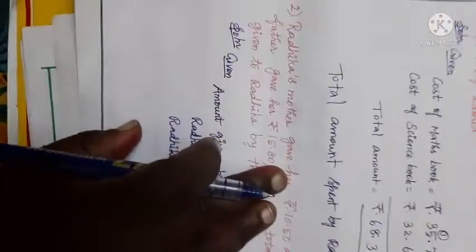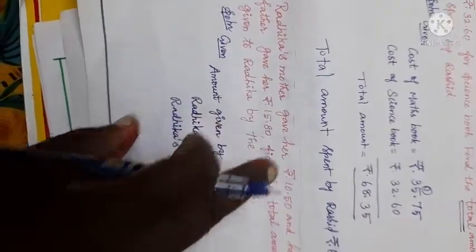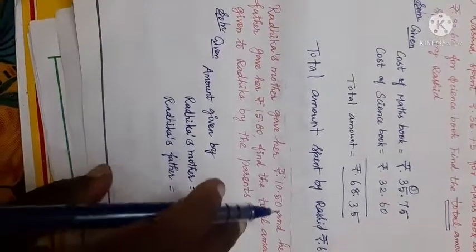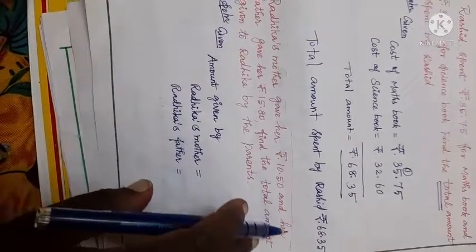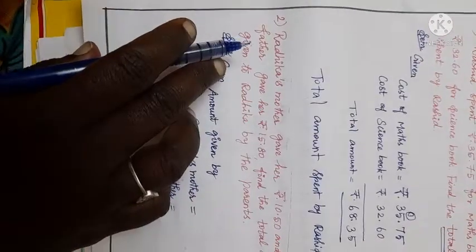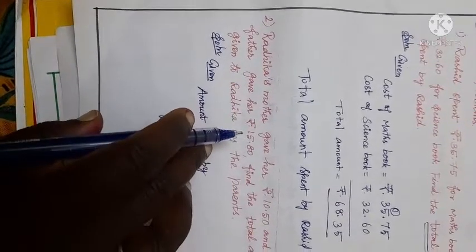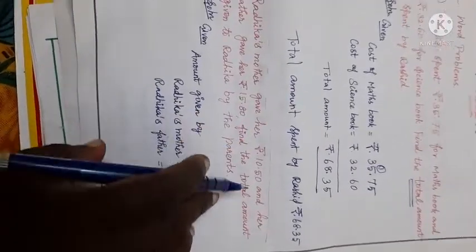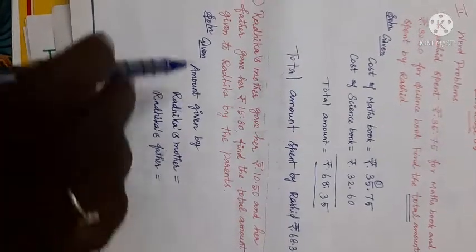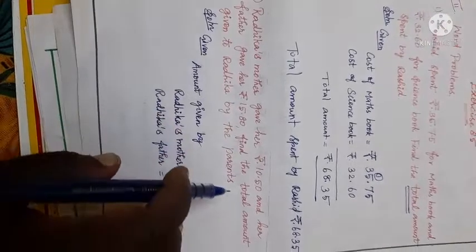Next, second question. Radhika's mother gave her rupees 10.50 and her father gave her rupees 15.80. Find the total amount given to Radhika by the parents.